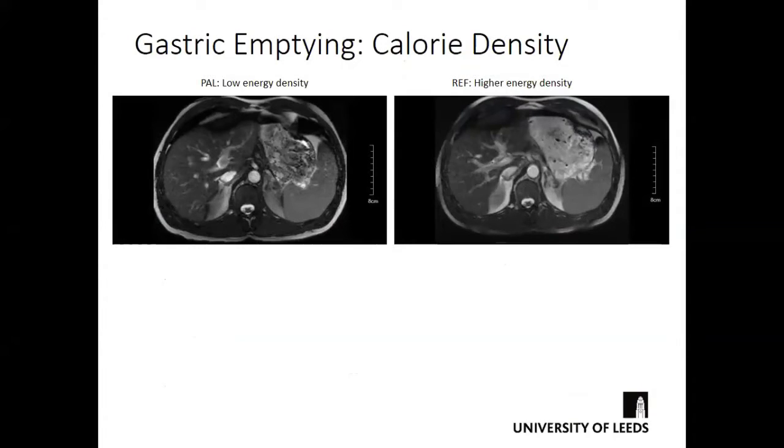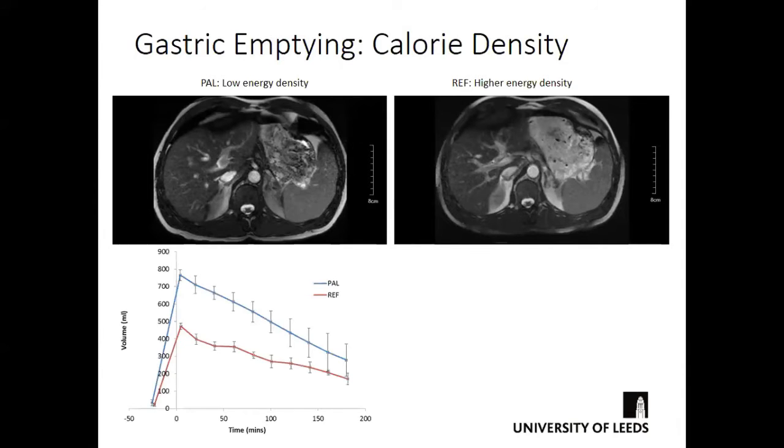As an example, here are results from a study that we did a while ago where we used the same calorie load but with different caloric densities. And you can see that the caloric emptying rate was roughly the same in both cases. So in this case, around about 2 kilocalories a minute.